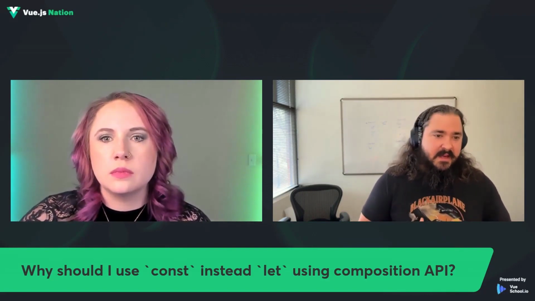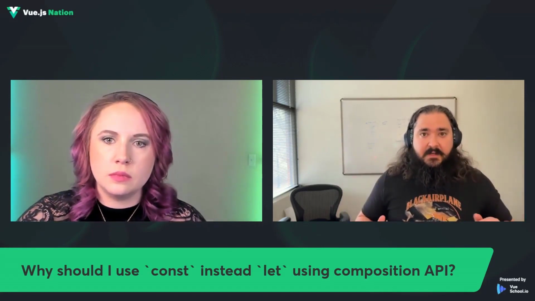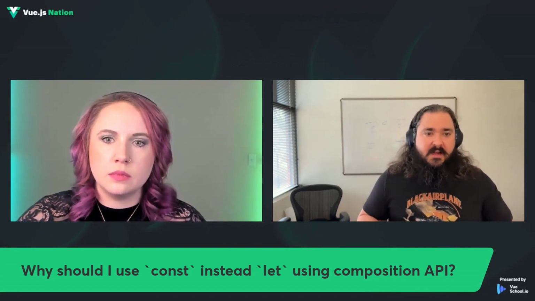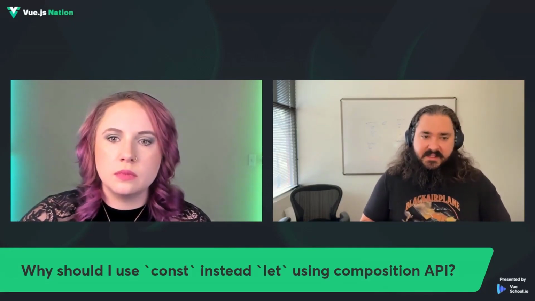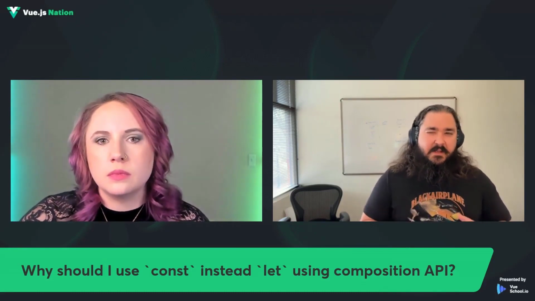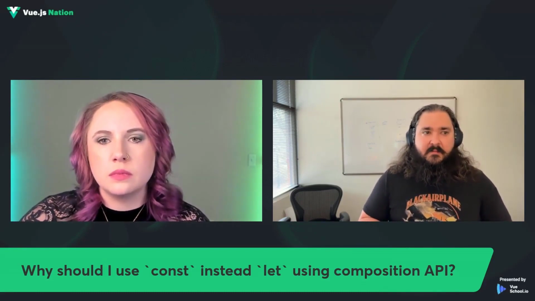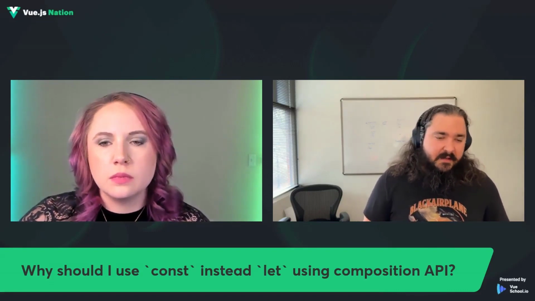Then I may use let. But inside the root of the function, I'm always going to use a const and try to approach it from a standpoint of immutability. I'm creating this thing and I'm not changing it down the road, because if you do that too much, you're going to introduce a greater possibility of bugs.